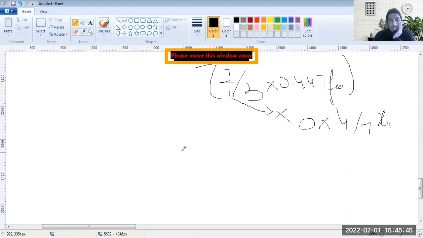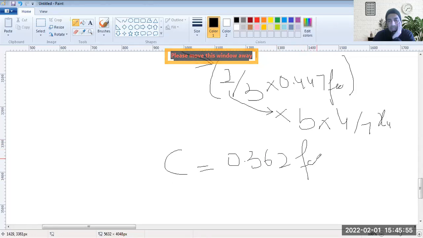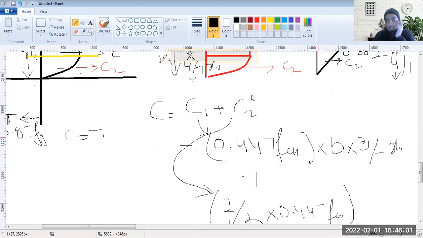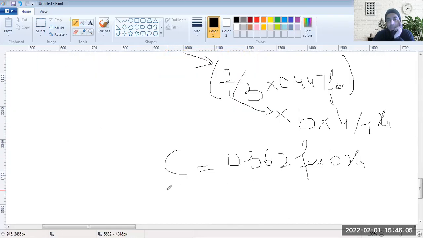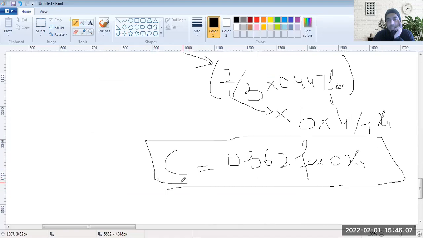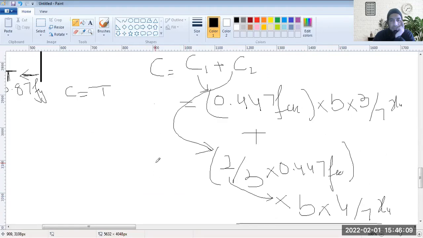So total C, I have already calculated this. It comes out to be 0.362 FCK into B into XU, after multiplying all this and adding them together.